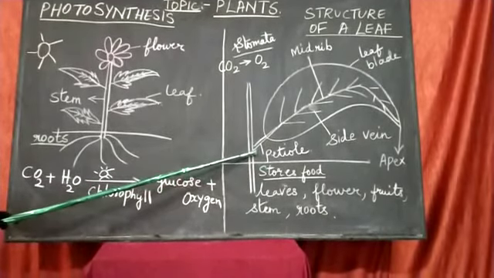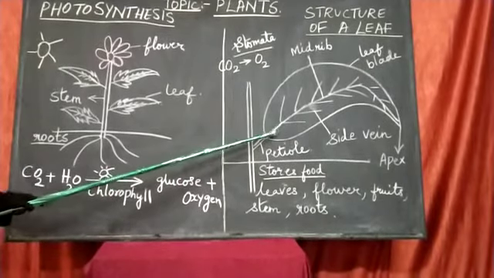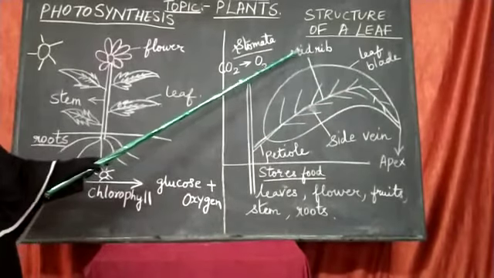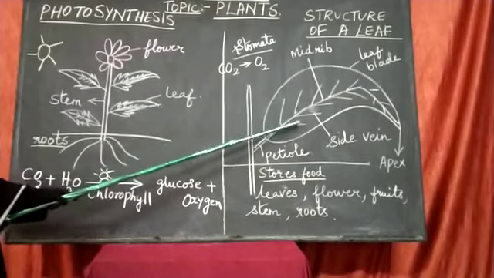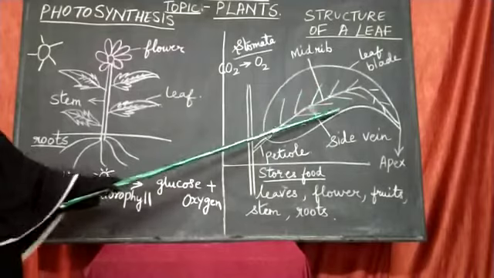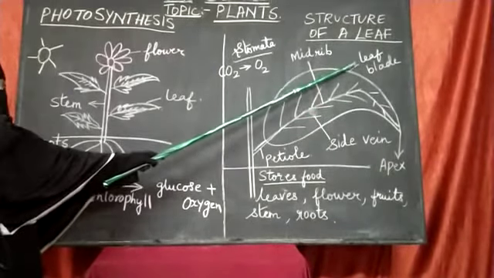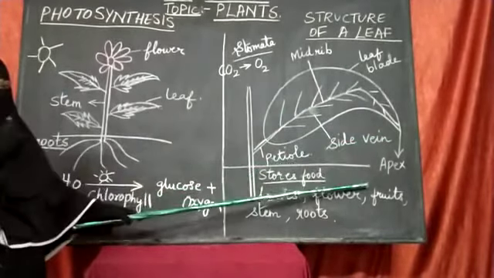Through the petiole the nutrients enter the leaf and this long extension is known as the midrib, and through the midrib at the sides we have side veins, and the upper part, the green flat part of the leaf, is known as the leaf blade, and then the tip of the leaf is known as the apex.